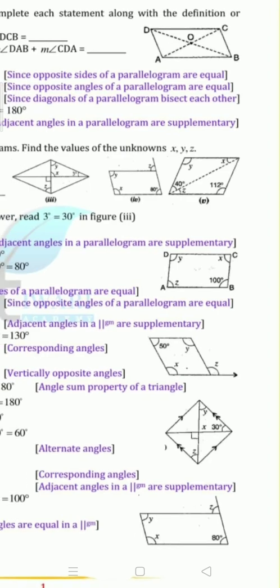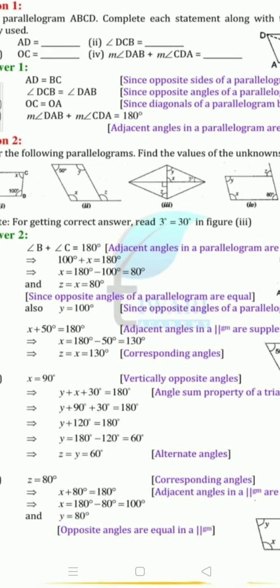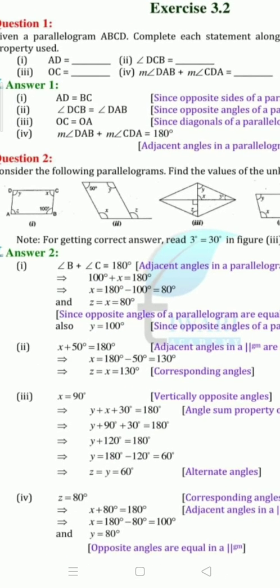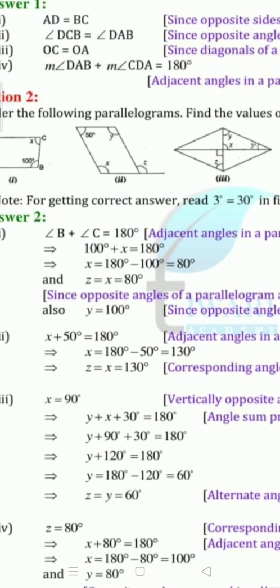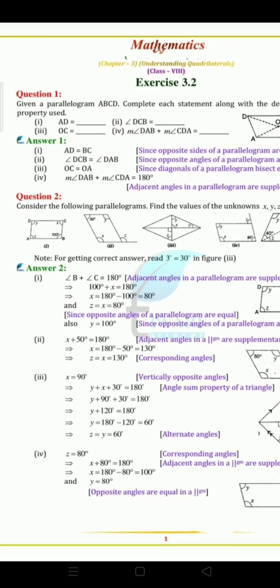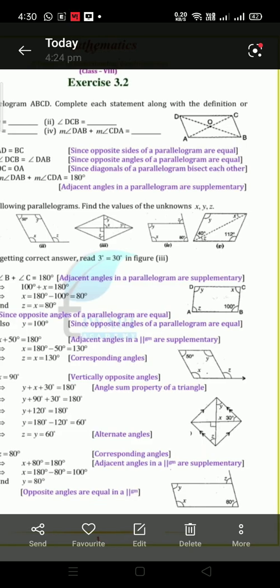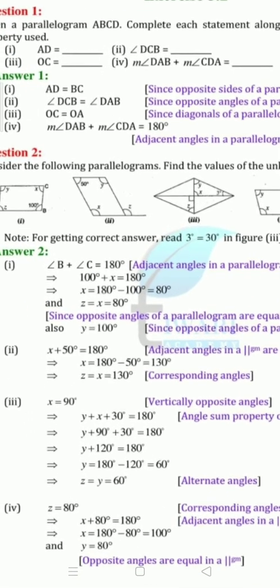In this example we have taken adjacent angles B and C. The addition of B and C will be 180 degrees because adjacent angles are supplementary. So B is given 100, so C will become 80, that is 180 minus 100. I have written the explanation over here: adjacent angles of a parallelogram are supplementary.